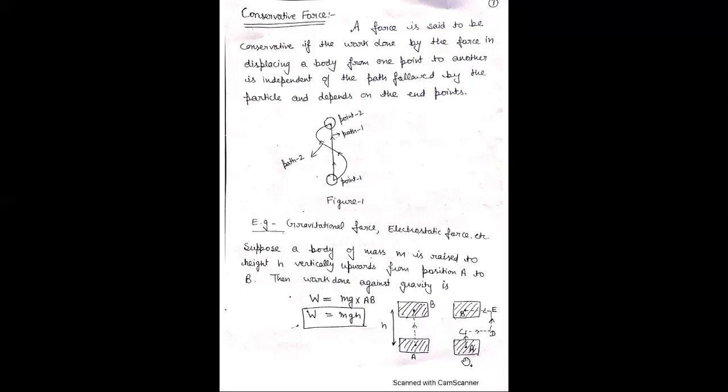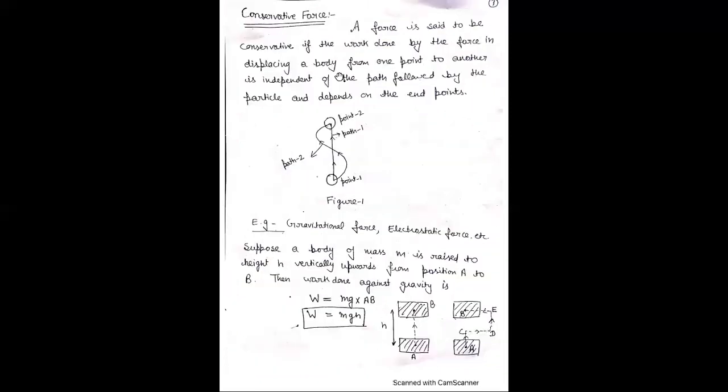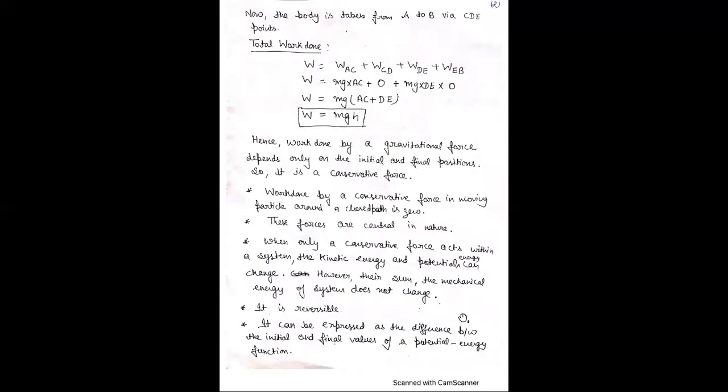Next, consider a case when a particle moves from A to C, C to D, D to E, and E to B. Then the total work done is W equal to work done from A to C, plus work done from C to D, plus work done from D to E, plus work done from E to B. Now the work done W_AC is force into displacement, mg into AC.